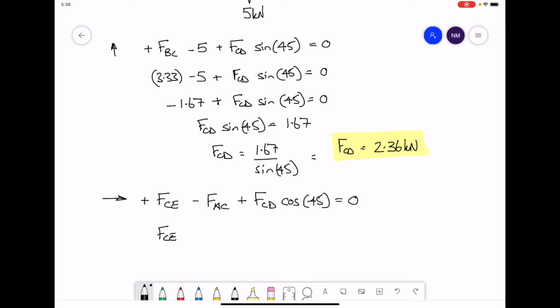Force CE minus force AC, which is 3.33, plus then force CD, 2.36, times the cos of 45 degrees.